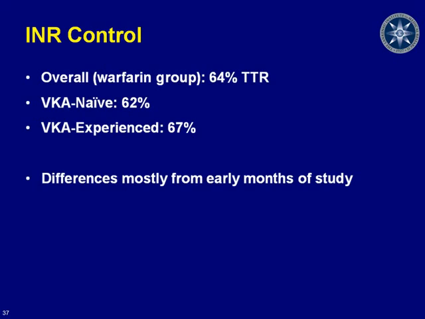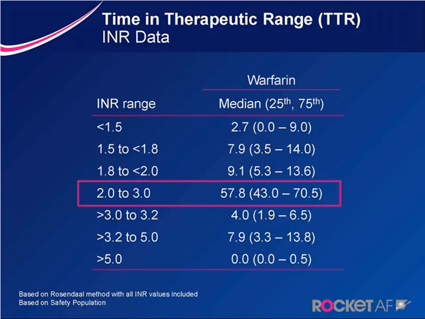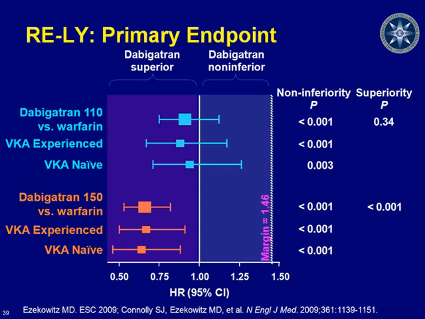Now, getting back to the RE-LY trial, the overall results are shown in the next slide for both Warfarin experienced and Warfarin naive patients. You can see for the 110 dose, there is clear-cut non-inferiority, whether the patients are experienced or naive. And for the 150 dose, there's in fact a 35% reduction in stroke and systemic embolization in both experienced and naive patients.